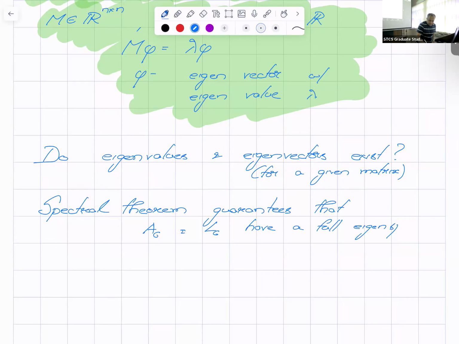That is, n eigenvalues and n eigenvectors. The eigenvalues need not be distinct, but they will come with certain multiplicities.